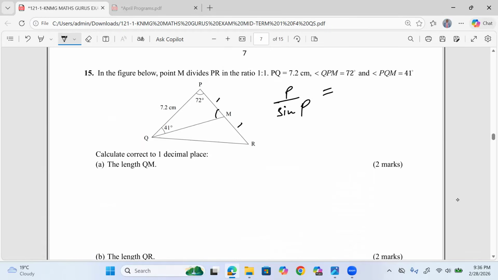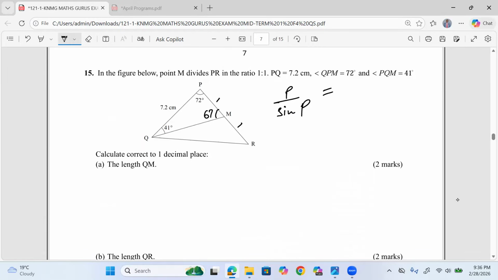When you add the two and subtract from 180, we get 67. So we pick the length opposite to 67, 7.2, out of the sine of 67.